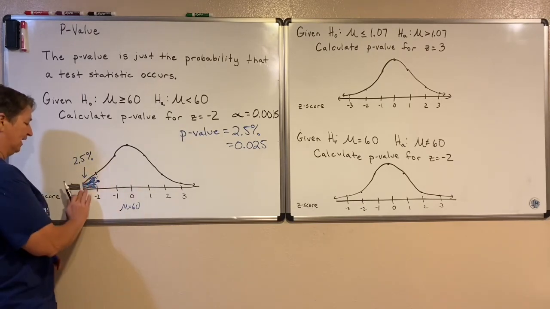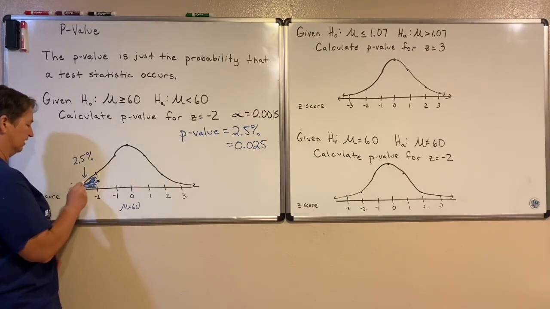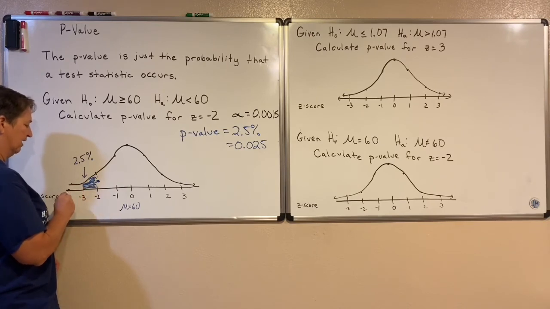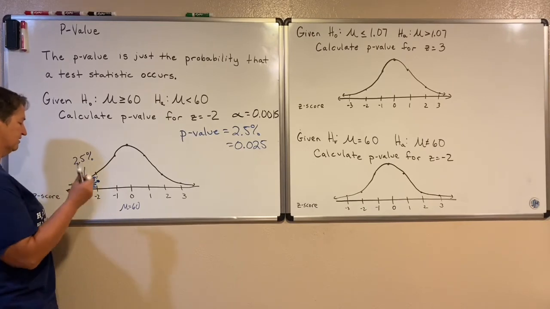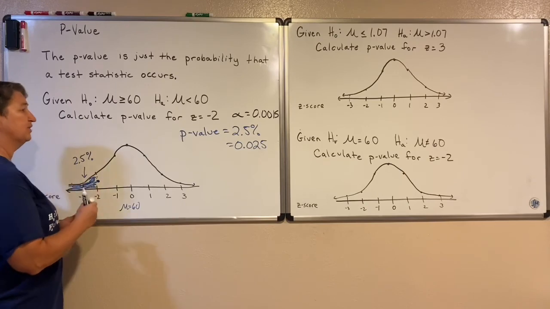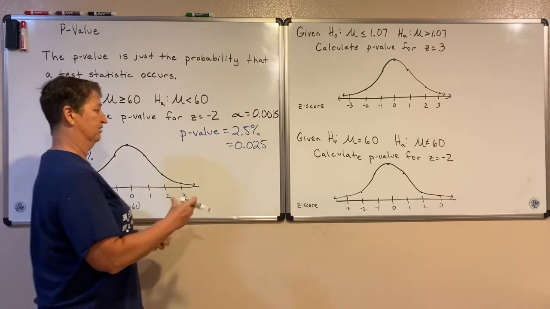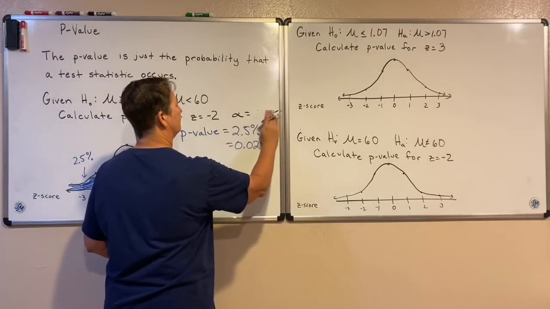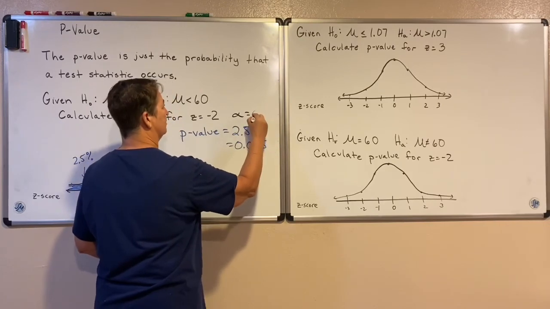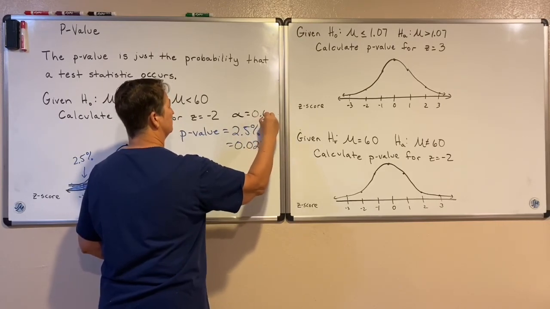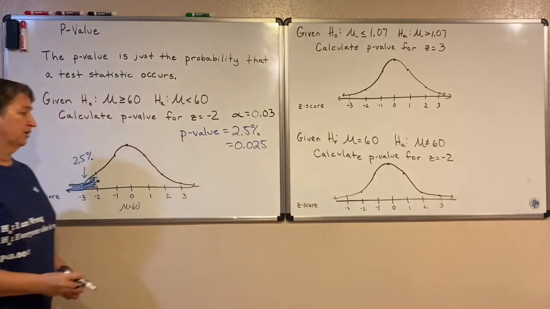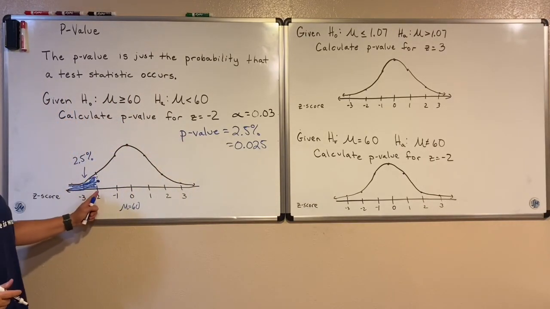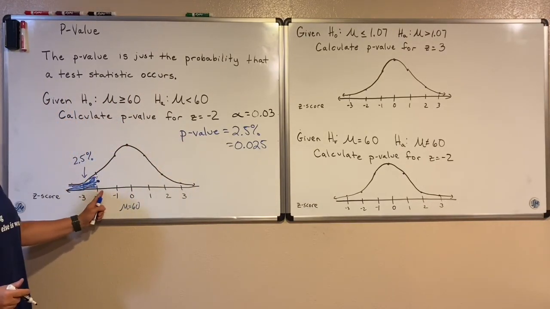But let's say that my level of significance was something bigger than 2.5%. So let's say that level of significance was at 0.03. So, just a little bit more. The probability that it occurs is a little bit more.